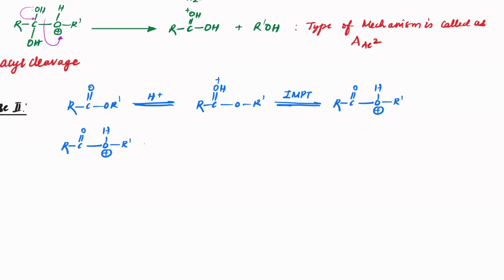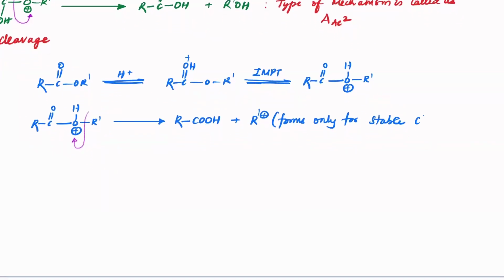Now here is the decision making, guys. What if this R dash is very, very stable due to its carbocation nature? If it is very stable, chances are that oxygen can break on this end also. If it happens to break like this, it will become RCOOH and R dash plus. So this forms only for a stable carbocation.